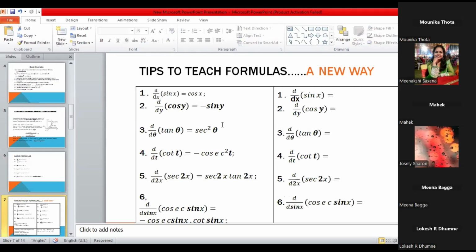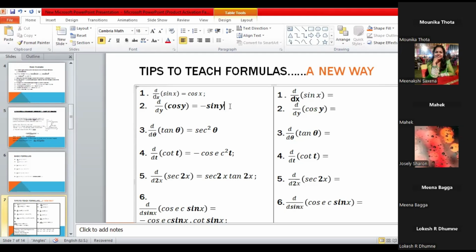Like see this slide, all similar formulas like sin x differentiation is cos x, but now cos x differentiation is not written here as minus sin x. It is d upon dy of cos y is minus sin y. Why is it like this? Because children, most of the times, are learning the formula in terms of x only.